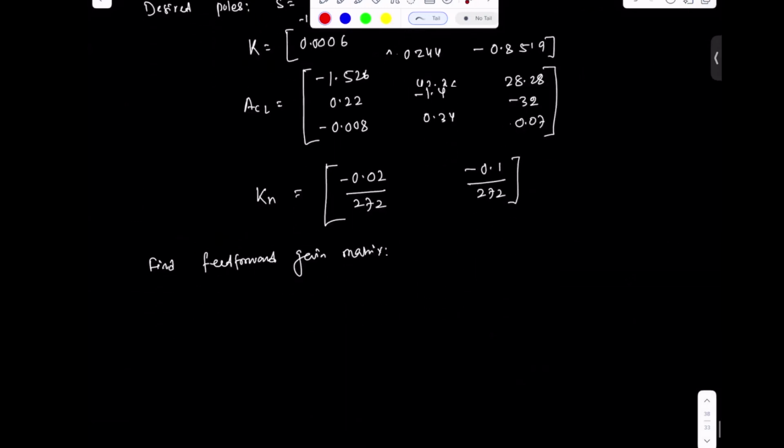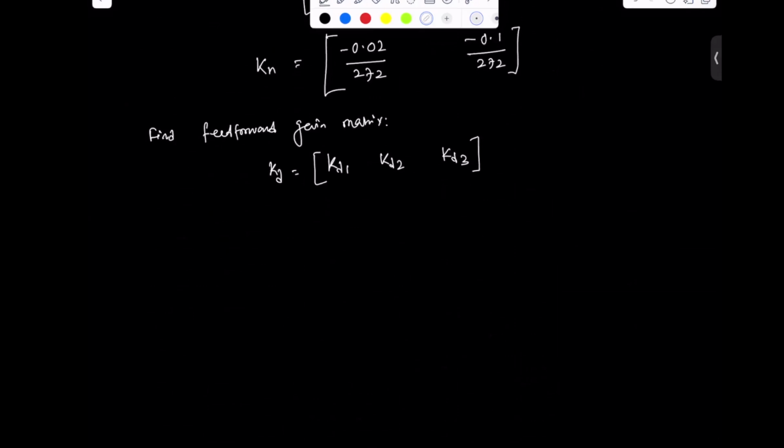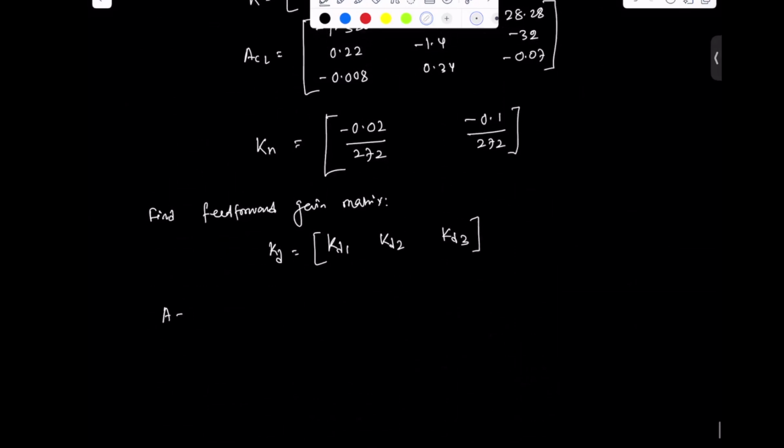So let's assume the KD matrix as KD1, KD2, KD3. Maybe you find it difficult, but we have a MATLAB solution for this problem, where you get a better picture.